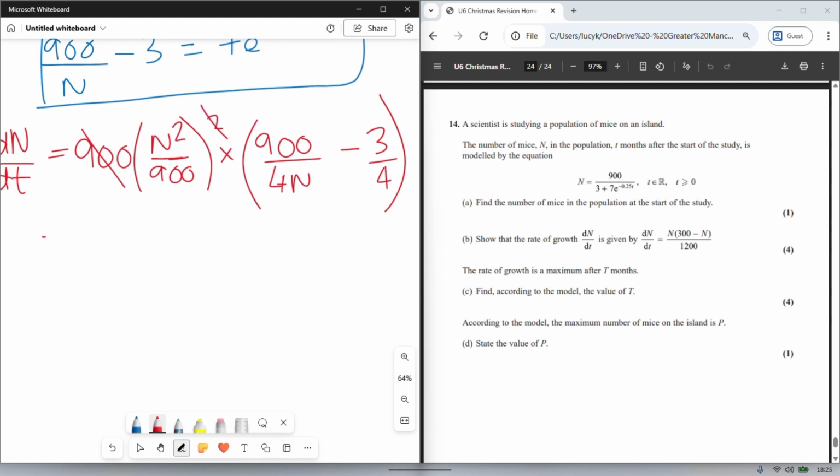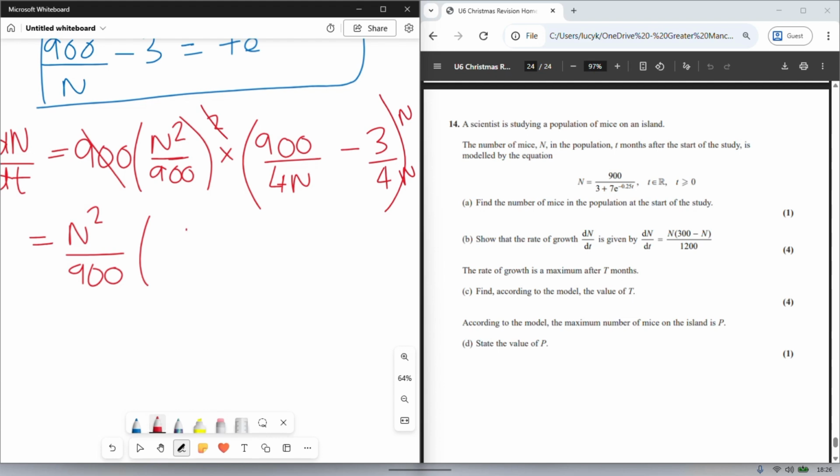So let's do that. I'm going to end up with n squared over 900 here is equal to 900 over 4. And what I'm actually going to do here, I think I might multiply the second fraction by n on the top and bottom just to make it one complete fraction, because I want it as one complete fraction at the end anyway, so that feels like a logical step to make.